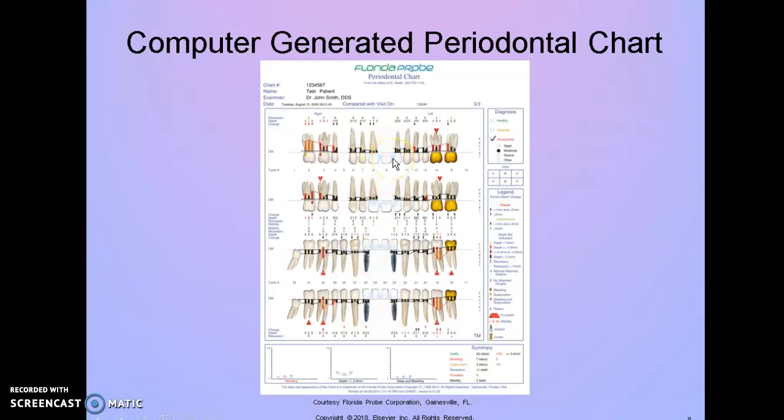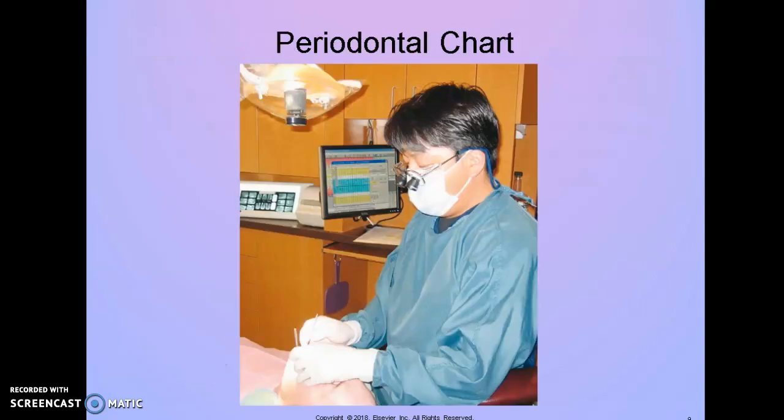There's a bridge on the maxillary anterior, and these lines can show on the graphic chart where the loss of attachment is. It also includes these little triangles to say that there is a furcation involvement here, and it will chart recession. It will record bleeding points, if there's pus involved, etc. So it's a really great chart to have on your patient.